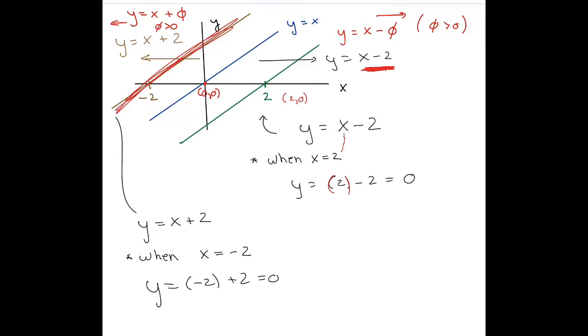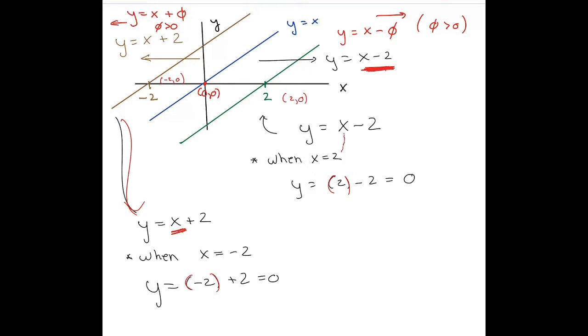This line over here goes through x equals minus 2. So I claim that that's written as y equal x plus 2. How do we know that? Well, if I stick in x equal to minus 2, minus 2 plus 2 is 0, because that point right there is minus 2 comma 0.